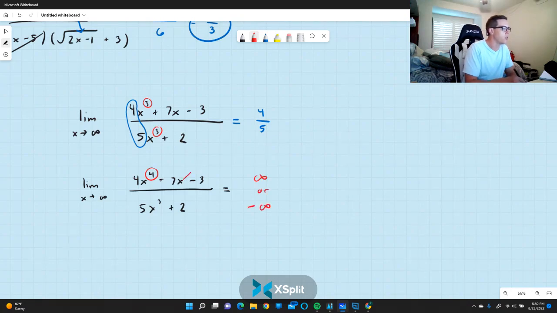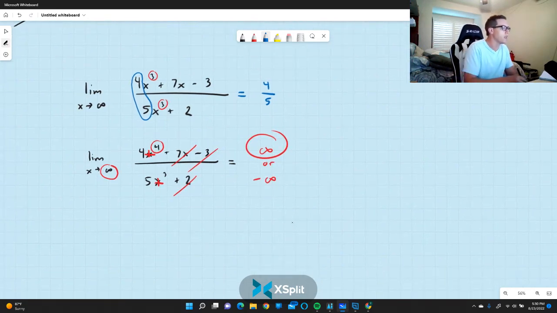And this is the trick where you can ignore all this stuff. If I'm going to positive infinity, just think about what happens if these are really big positive numbers. This would be a positive to the fourth, which is positive, divided by a positive cube, which is positive, and the coefficients are positive, so the answer is just positive infinity. That was the trick we did last year. If you forget, there's a video that's more in detail about limits as we approach infinity down below.